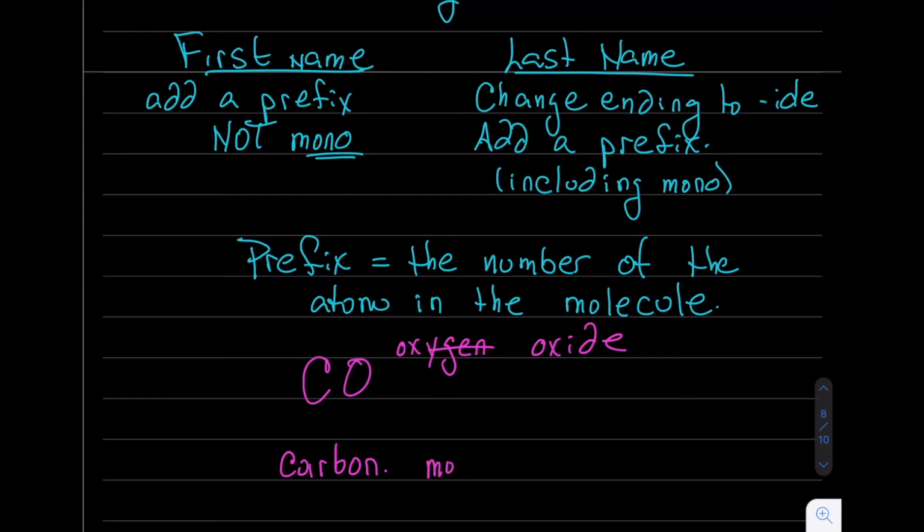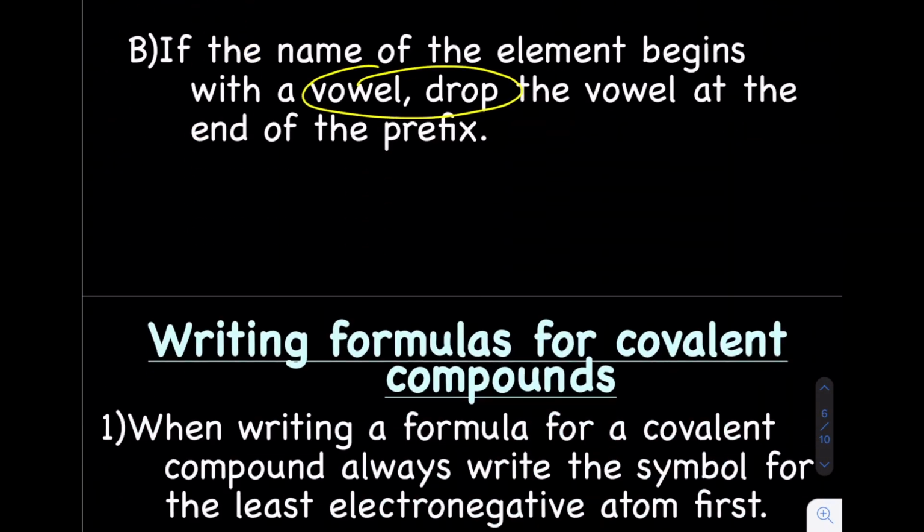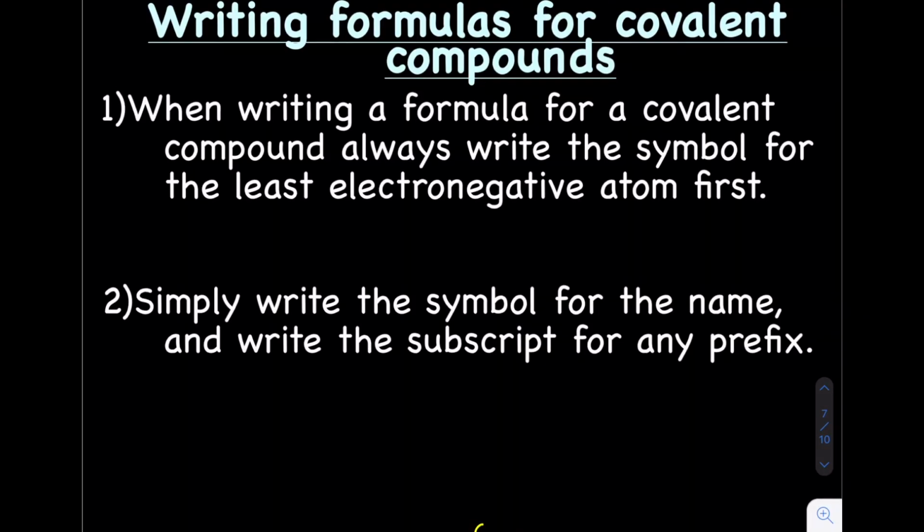So it's going to be carbon monoxide. Okay. So that's it for naming. We've got a little bit on formula writing, which is pretty easy, and then we'll be done. All right, on to formula writing.